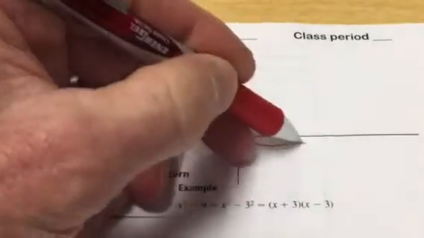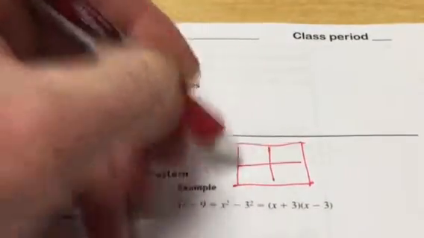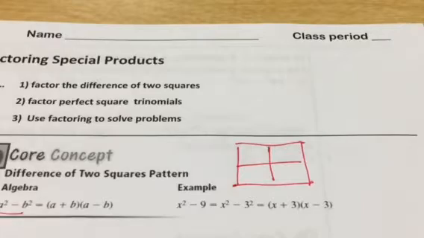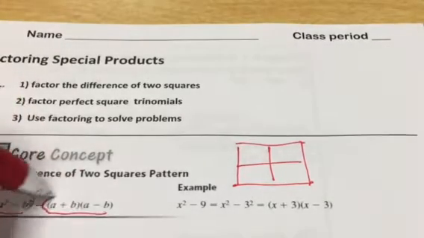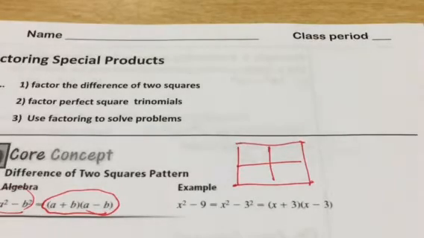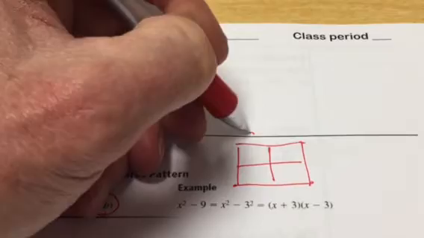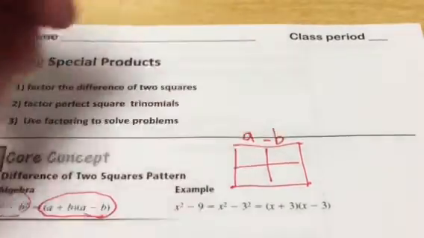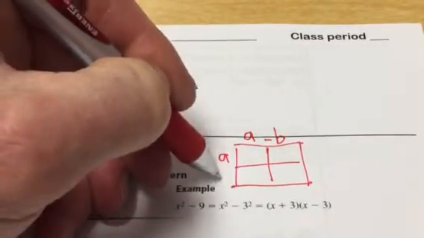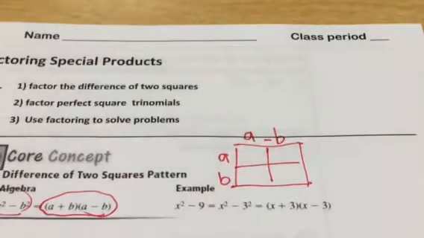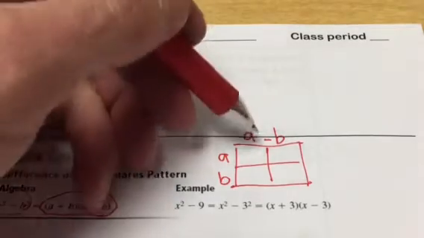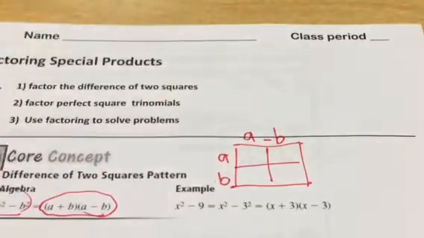For example, using our box, if we wanted to take the product of these binomials, a plus b and a minus b, which if you recall we called conjugates because one was a plus b and one was a minus b. They were very alike except for the one sign that changes.